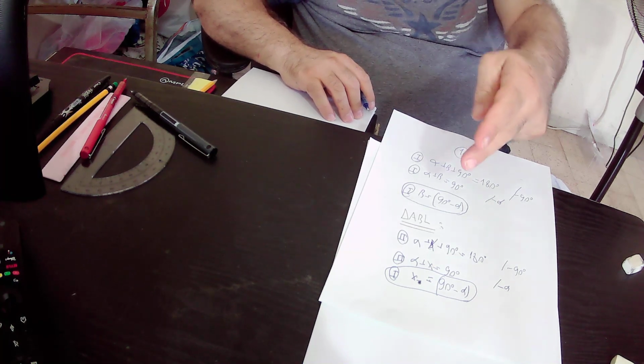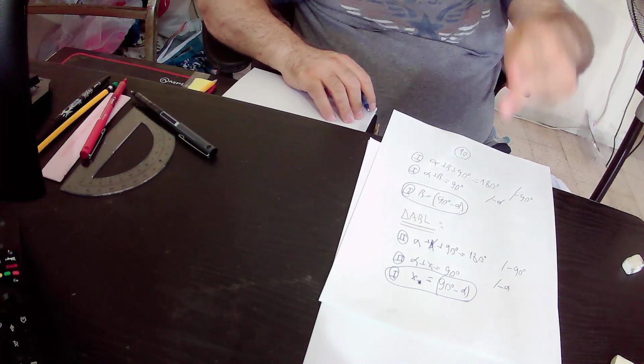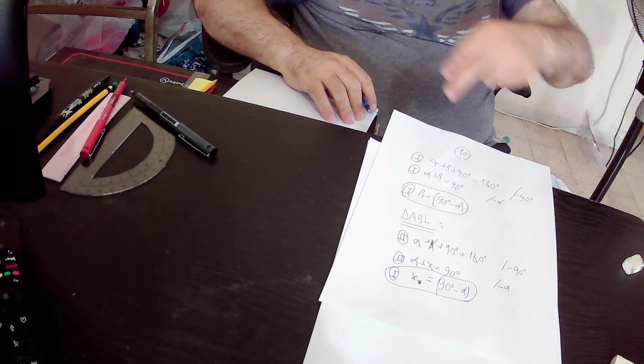Alpha plus x minus alpha equals x, and 90 degrees minus alpha equals 90 degrees minus alpha.